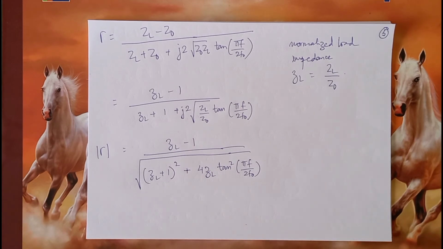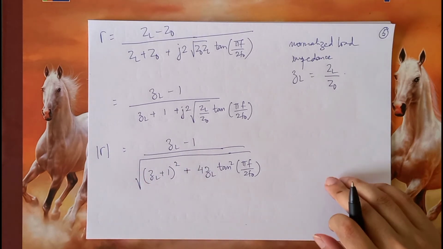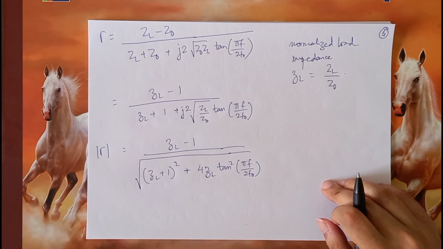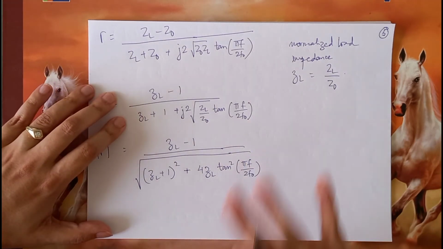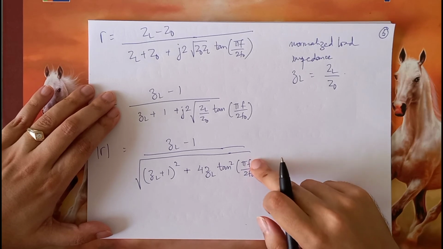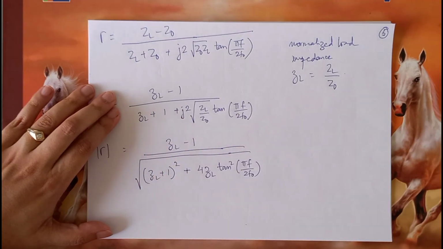Now let us see how this mod gamma changes as a function of frequency. But what we are seeing is mod gamma is not just a function of frequency, it is a function of zl also.